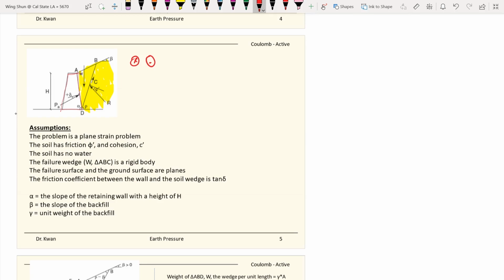And you assume you have a failure wedge. So the whole thing will react like a rigid block, with the failure happening at triangle ABD. So this is the failure wedge, triangle ABD.